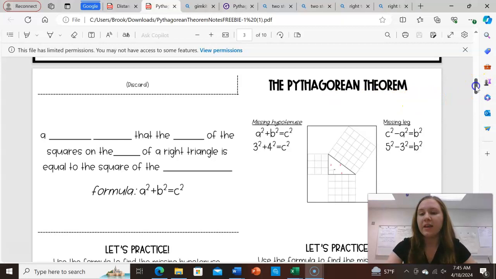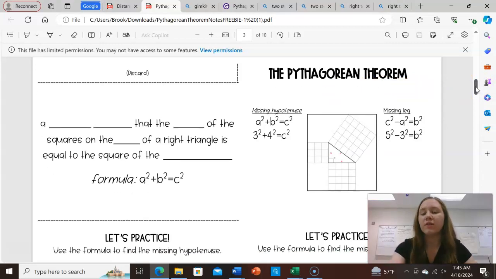And for the missing leg, you can rearrange the equation if you'd like with c squared minus a squared equals b squared. As you also see with this equation, they rearranged and put c squared in the front, subtracted a squared, and made it equal b squared.